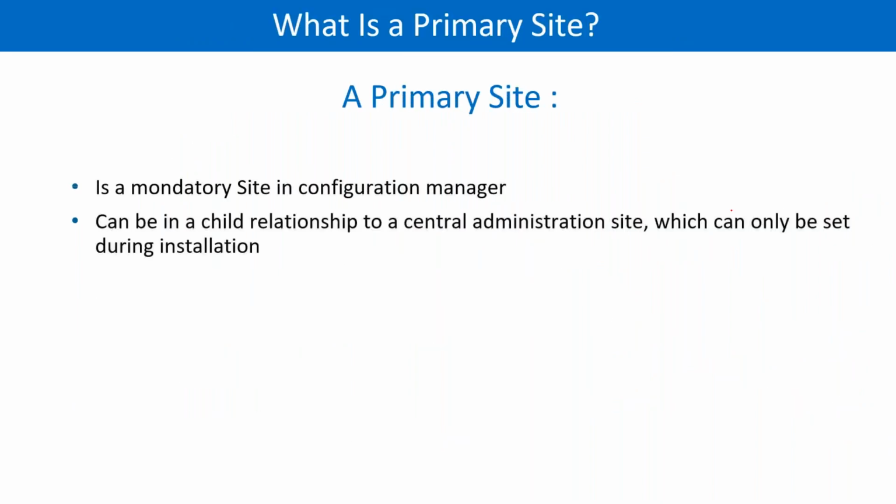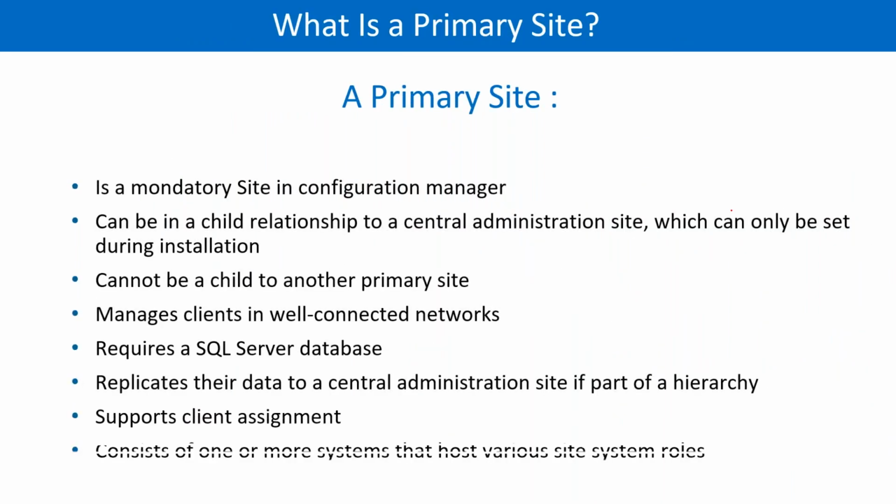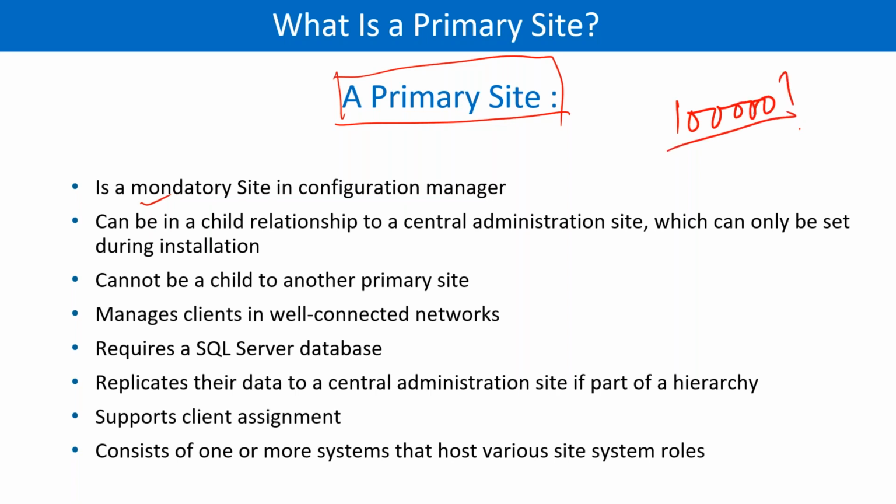Now we have the primary site. This is the main site in SCCM. Everything will be done through this one. It's a mandatory site. The total number of devices a primary site can manage is 100,000. One primary site can support up to 100,000 devices. That's the first point.